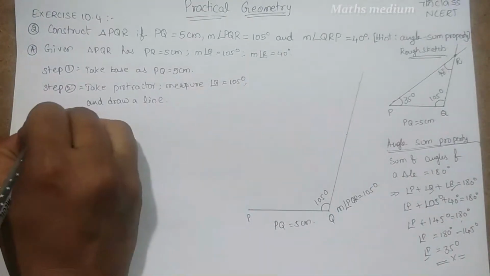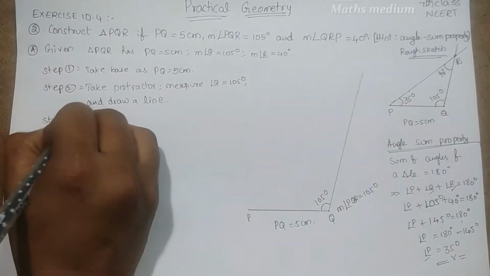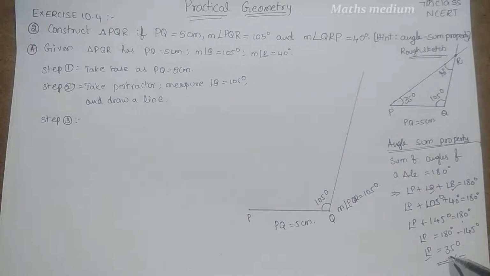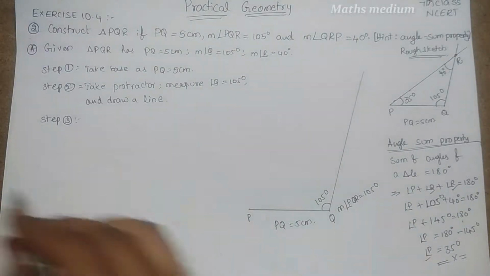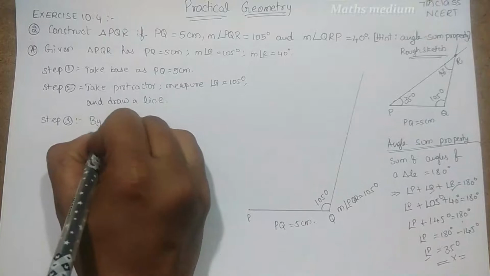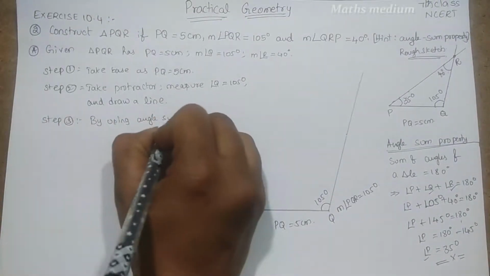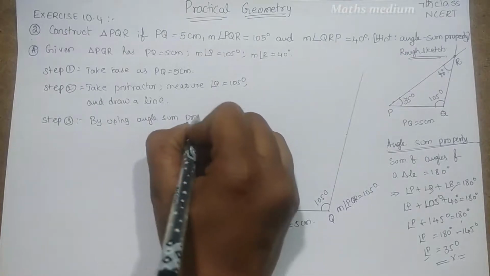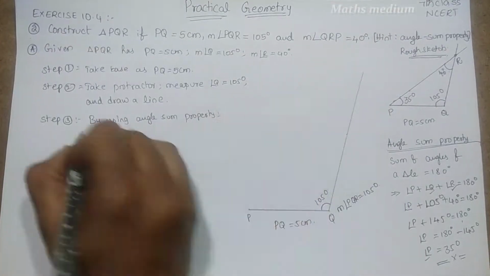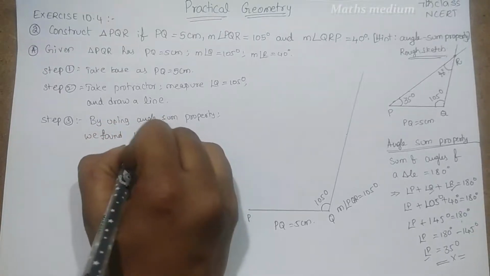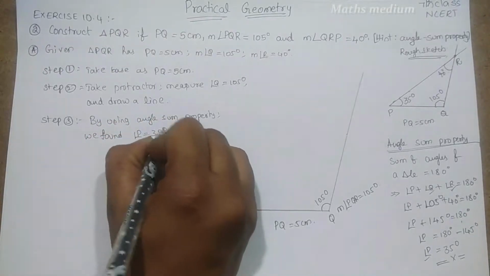Now step 3. We don't know R, but by using angle sum property we found angle P is equal to 35 degrees.